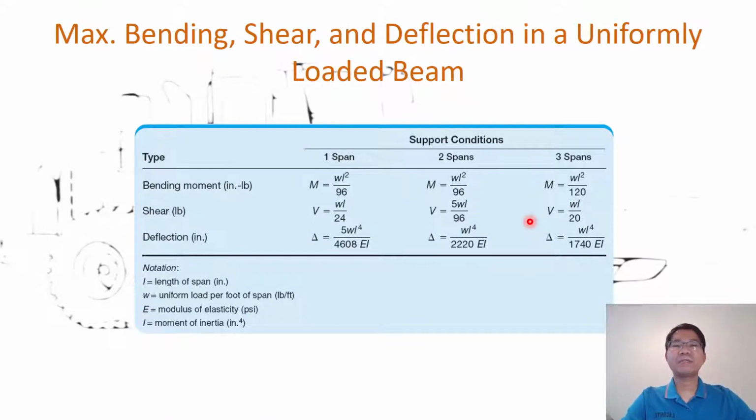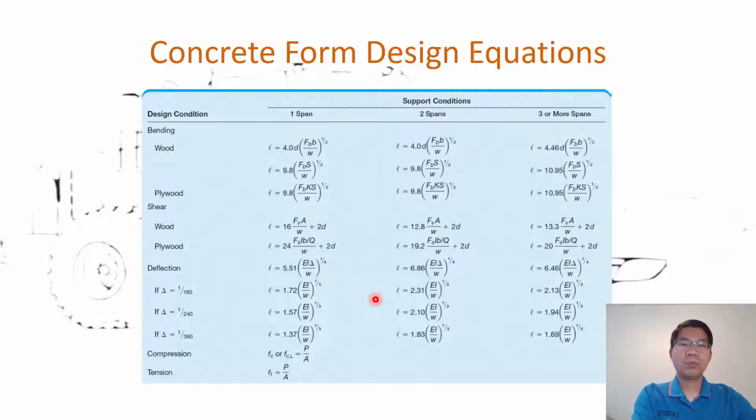As you can see, for the sheathing, the stringer, or the joists, we need to know what support condition we have, and then the moments are different. Based on your mechanics of materials, you can determine the deflection, the maximum moment, and the shear. And this is the table that we use a lot, which I'm going to explain here, to design the sheathing, stringer, or the joists for the formwork.